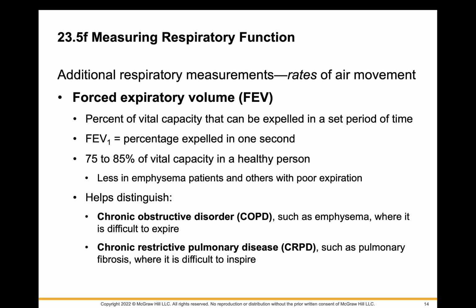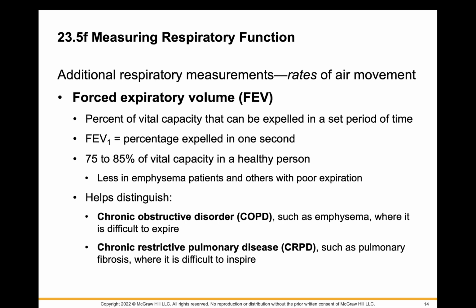Now, there are some other measurements that are actually describing the rate of air movement. Primarily, this is forced expiratory volume. It is the percent of vital capacity that can be expelled in a set period of time. Typically, we will see FEV1. That is the percentage of vital capacity expelled in 1 second. Generally, we expect FEV1 to be in the ballpark of 75 to 85% of vital capacity in a healthy person.